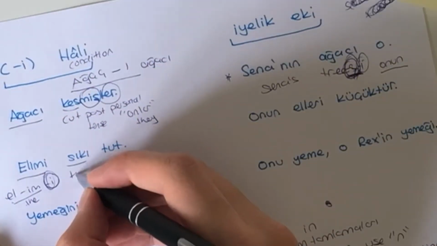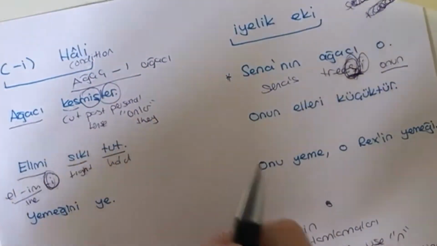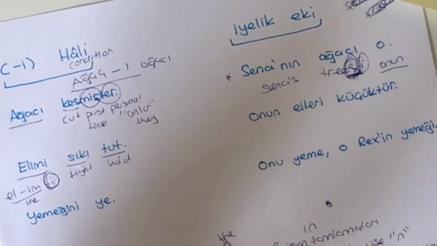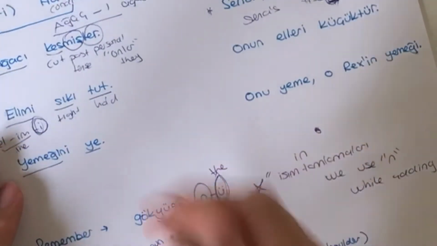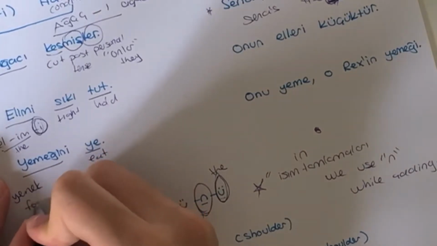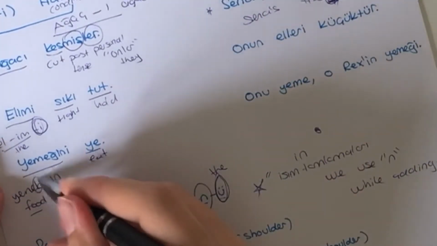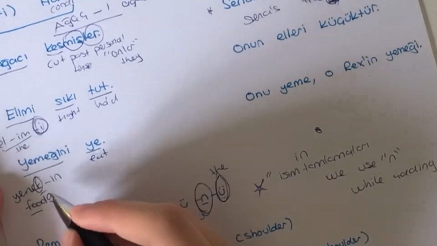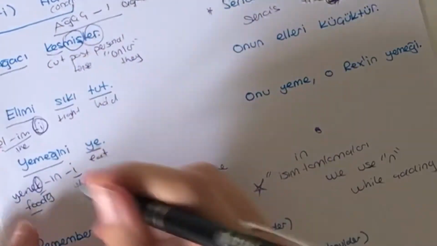Sıkı means tight, tut means hold. So hold my hand tight. Hold the hand of mine tight. Yemeğini ye. Eat, yemek means food. Yemeğin, your food, but K turns into soft G, yemeğini, the food of yours.